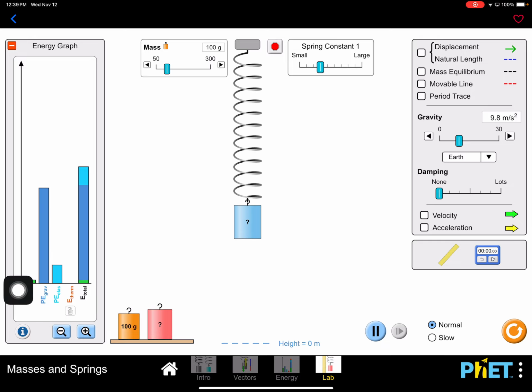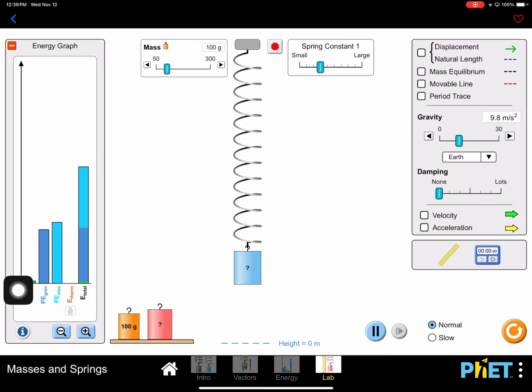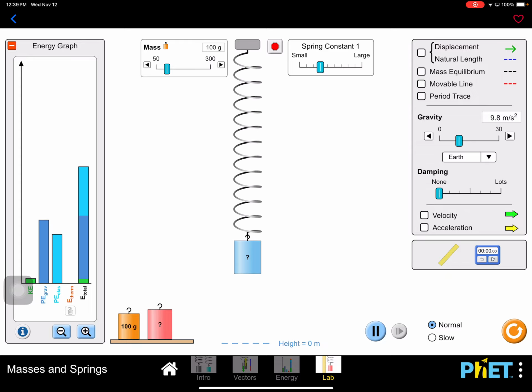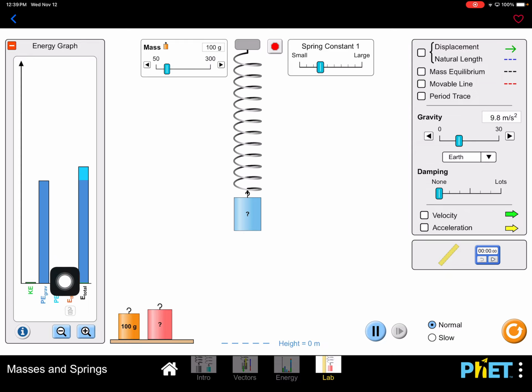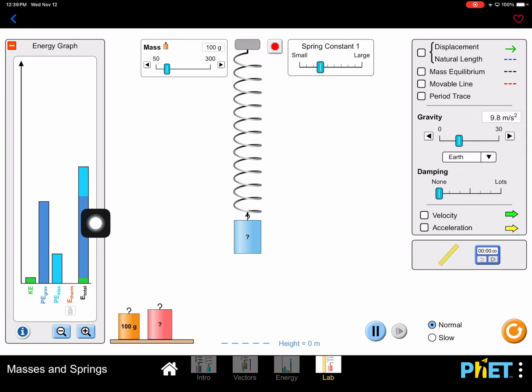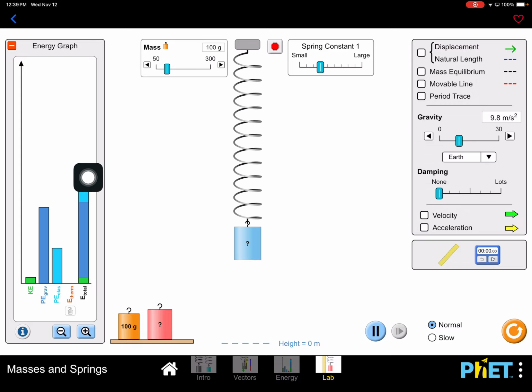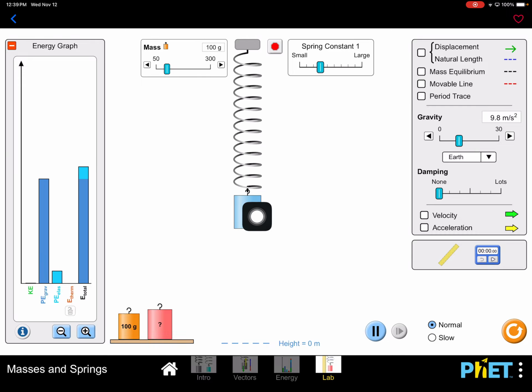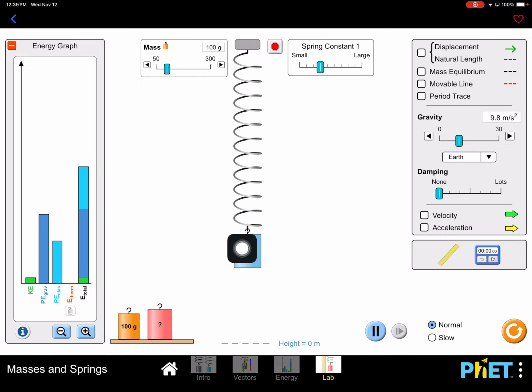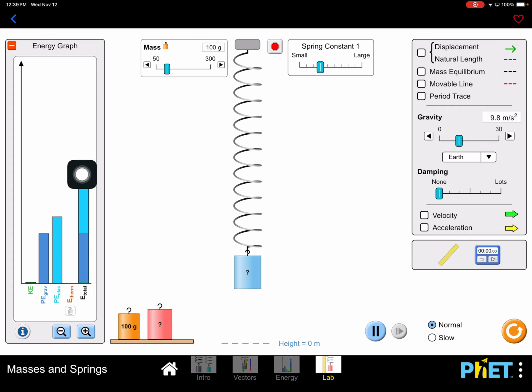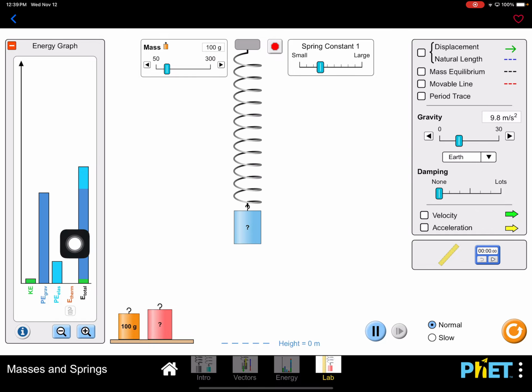It has three kinds of energies, and the energy is oscillating between them. And you see here are the three sizes of the three energies, but the total energy is constant. So if you want the system to oscillate forever, the total energy needs to remain constant.